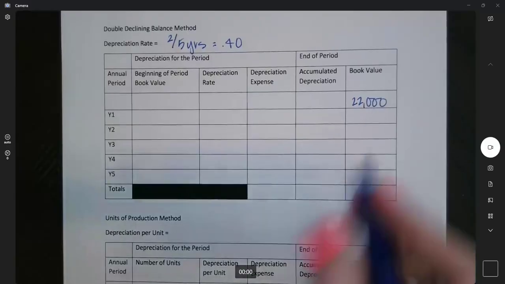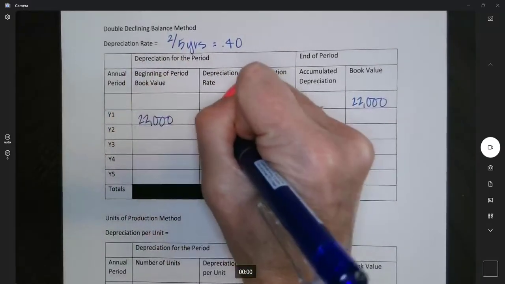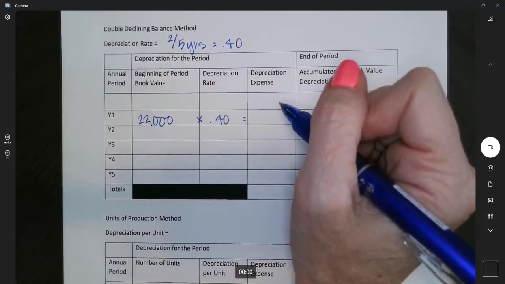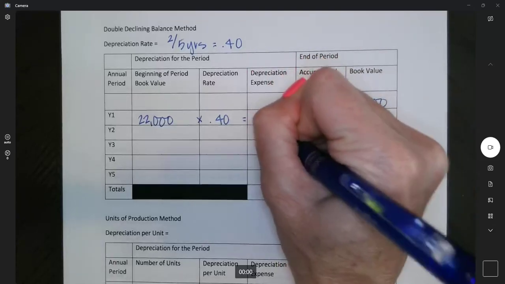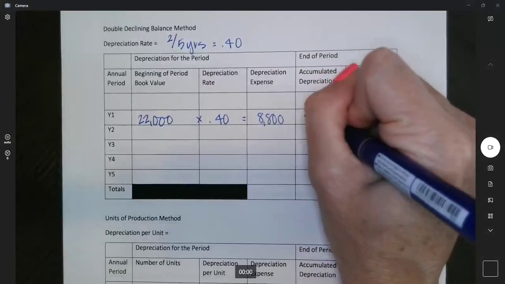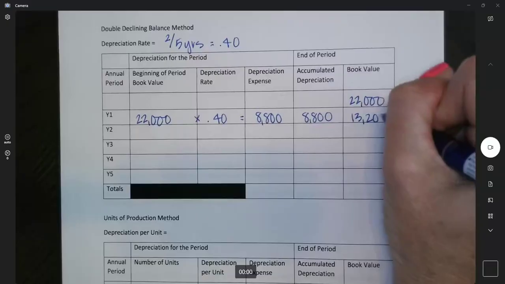In year 1, we start with that beginning book value of 22,000. We're going to multiply it times 0.40. Our depreciation expense for year 1 is 8,800. Our accumulated depreciation is now 8,800, and our book value is now 13,200.